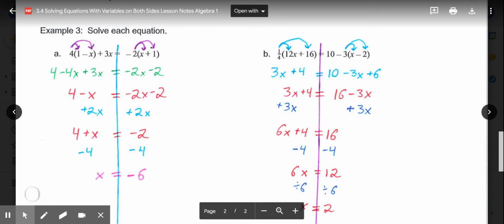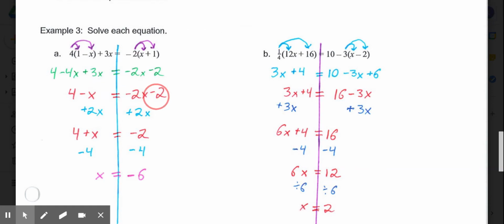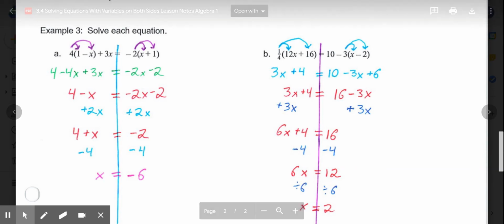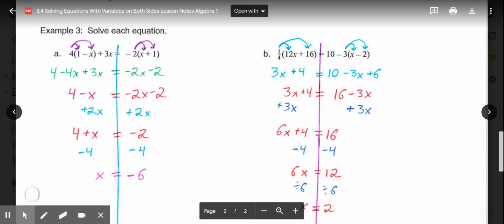And then on the right, we still have the negative 2x minus 2. Then we want to get our variable to one side. So add the 2x to each side, and we're left with 4 plus x equals a negative 2. Get rid of the 4 by subtracting 4 from each side, and x equals a negative 6.